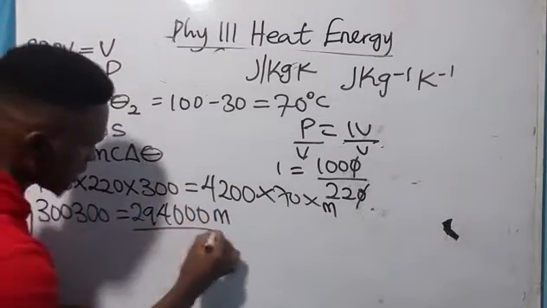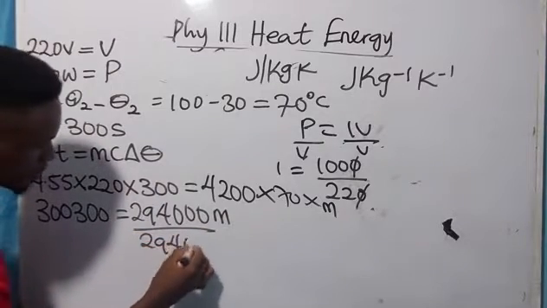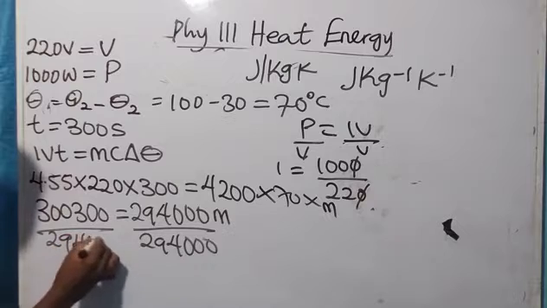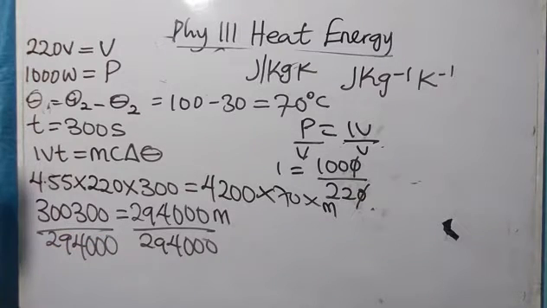Then for the mass, divide both sides by 294,000. So what will I have then? 300 divided by 294,000 equals... let me check for an error.